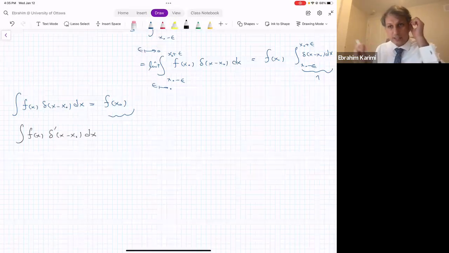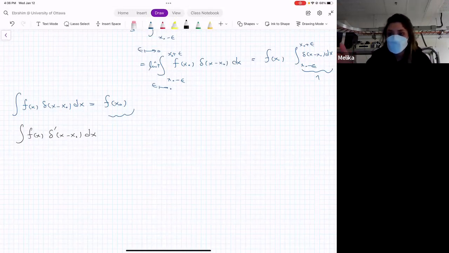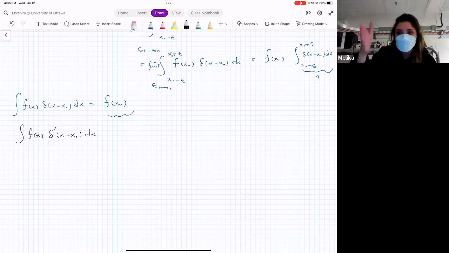So now, instead of the delta function, we have the derivative of delta. Any idea how to solve this? We should try to understand what is the derivative of an infinite line.